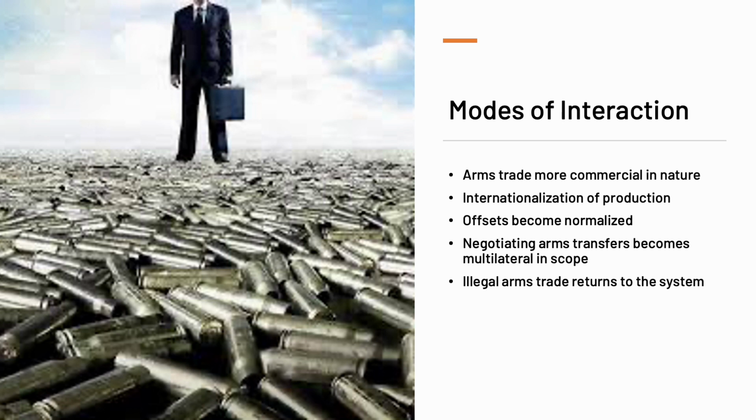So your major tier producers like the U.S. may produce, let's use the F-35 as an example here. The U.S. may look like it produces the F-35, but the fact is we only produce particular parts of that. We internationalize the production chain, right? So we may import the landing gear from Italy. We may import the tail wing from Britain. We're beginning to internationalize the production of any one primary good.